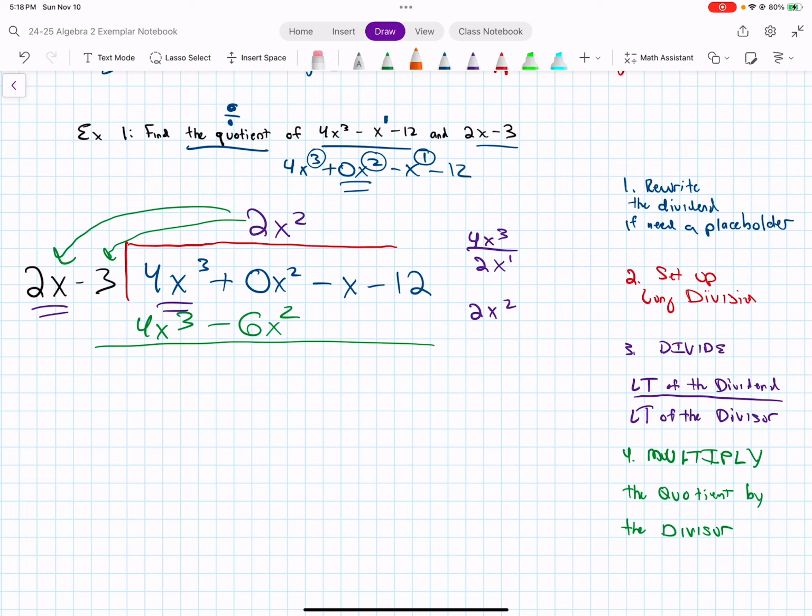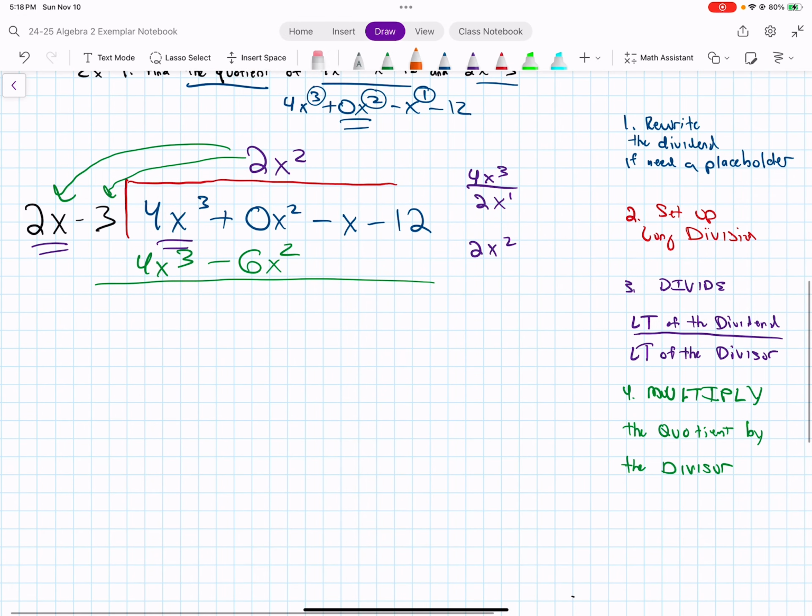And so once I multiply, my fifth step is to operate like terms. So I have 4x cubed and 4x cubed. They are both positive terms, and because they're both the same signs, I must subtract. So it cancels out to be 0.